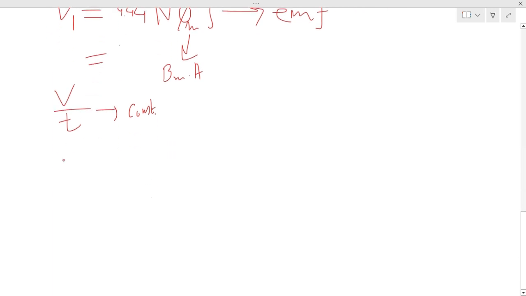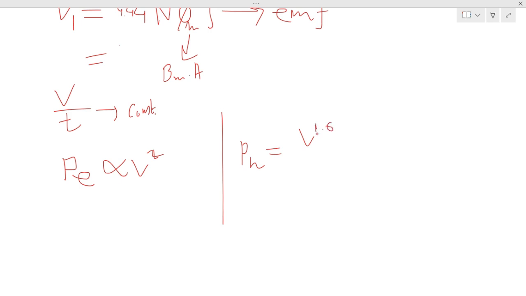So we can write the eddy current loss PE is proportional to V square, and on the other hand, the hysteresis loss PH is proportional to V to the power 1.6 divided by F to the power 0.6.